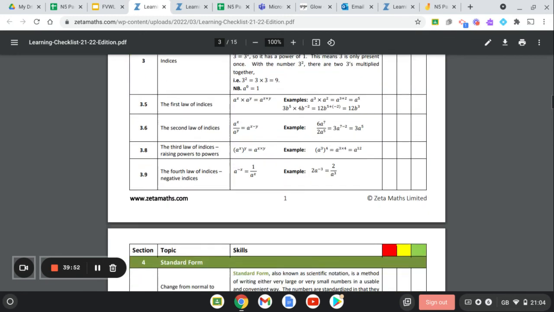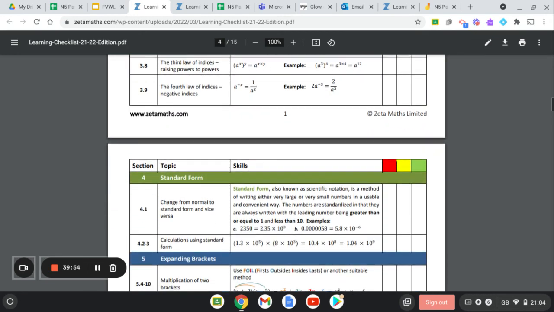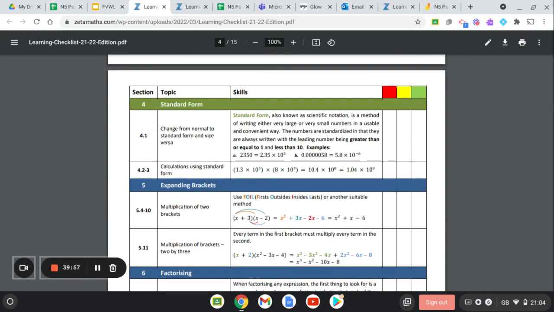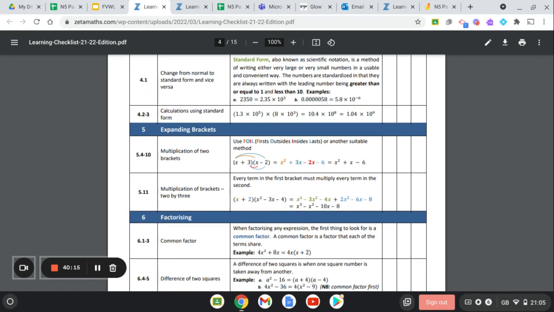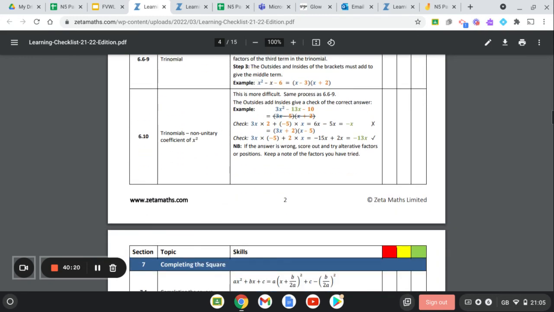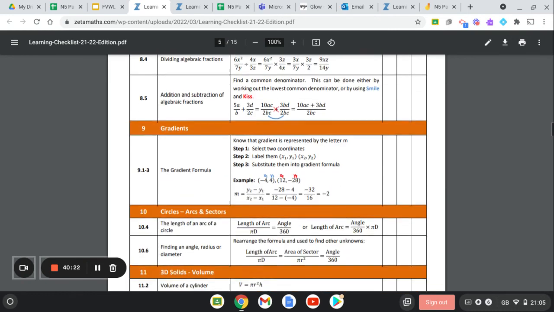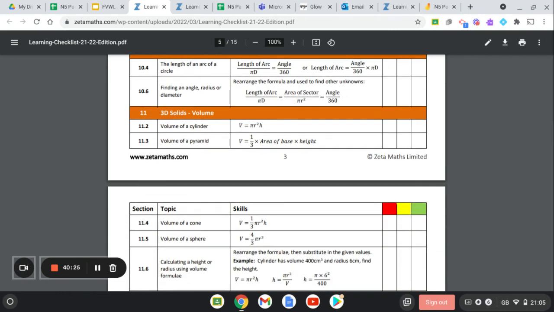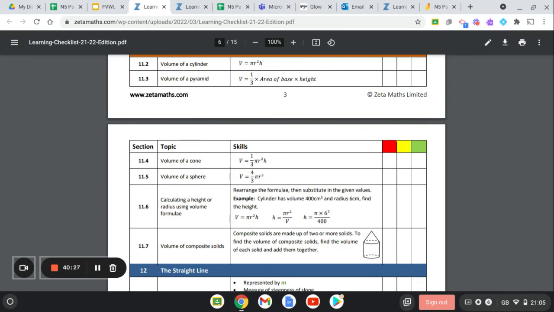There's a lot of stuff on there. There will be an awful lot of stuff that you're really, really confident with. So maybe think about prioritising the topics that you are less confident with. And maybe dip into the past papers, look at the marking schemes, really get in to see how the marks are awarded for that. So that is the Zeta Maths National 5 checklist. It's free to download, free to print off, and a valuable resource for your revision.